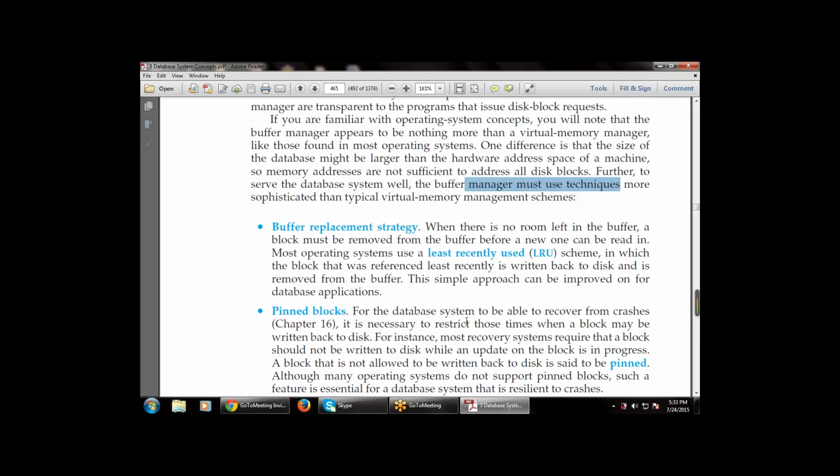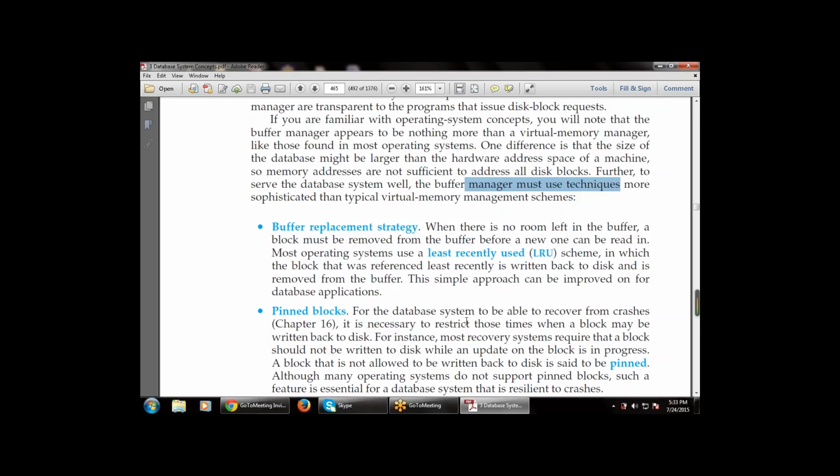This simple approach can be improved on for database applications.